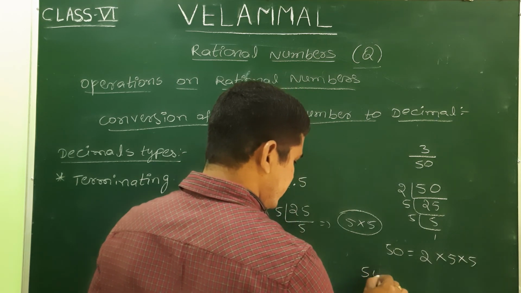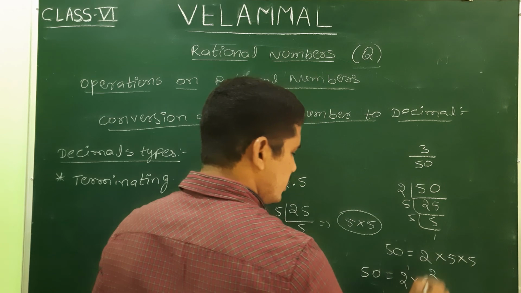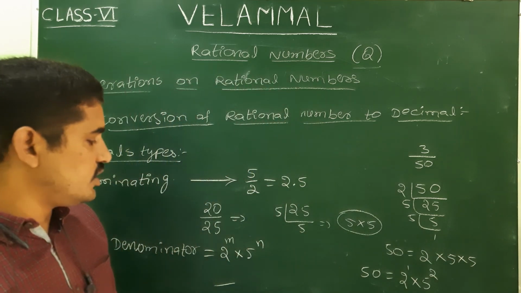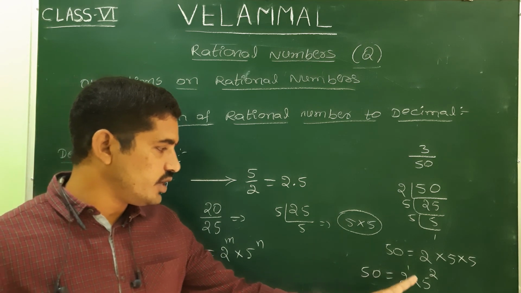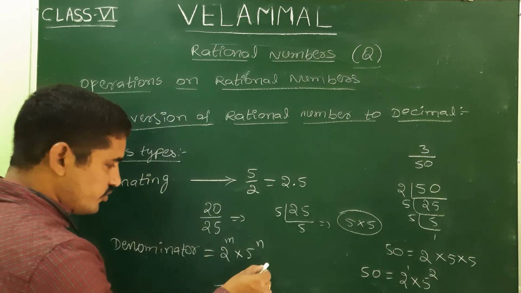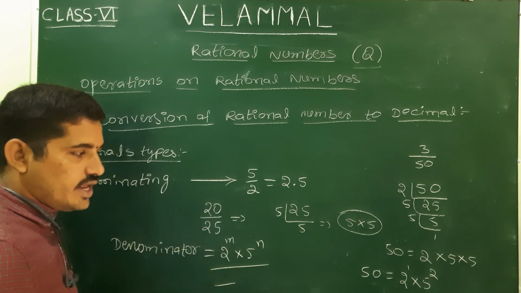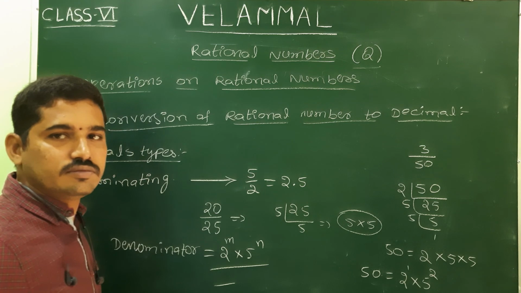So by that 50 we can write as 2 power 1 into 5 power 2. So if you observe this, this is in the form of 2 power m, that means 2 power 1 and 5 power 2. So it is only in the form of 2 power m into 5 power n. So by that we can say it is a terminating decimal.